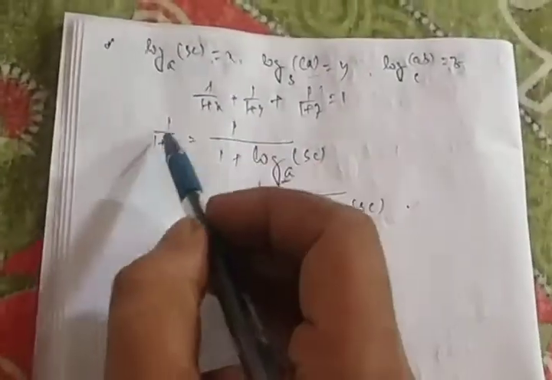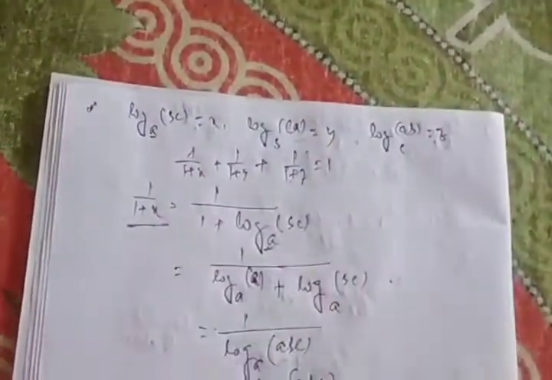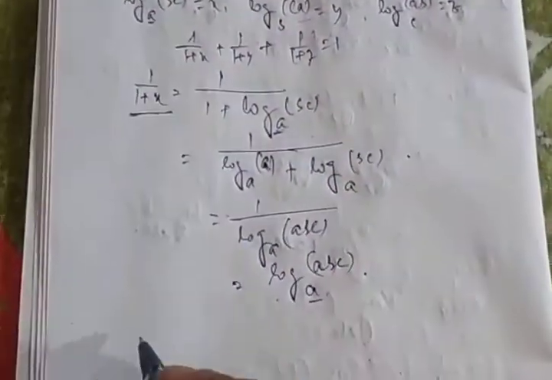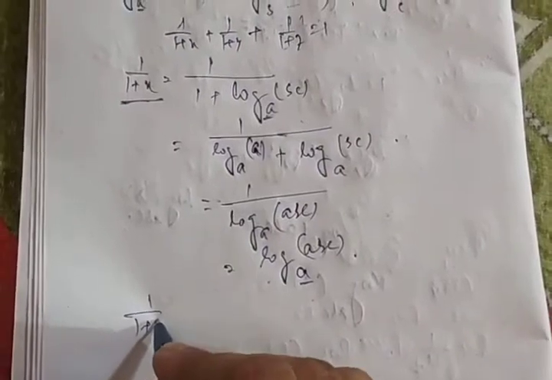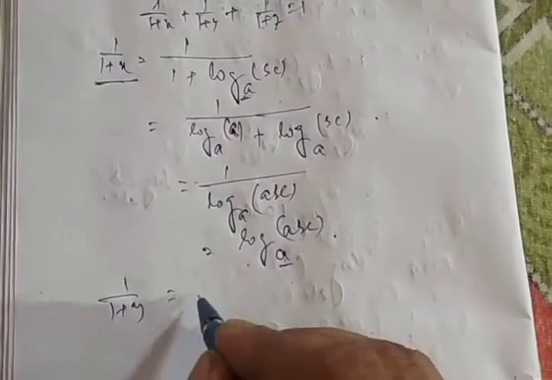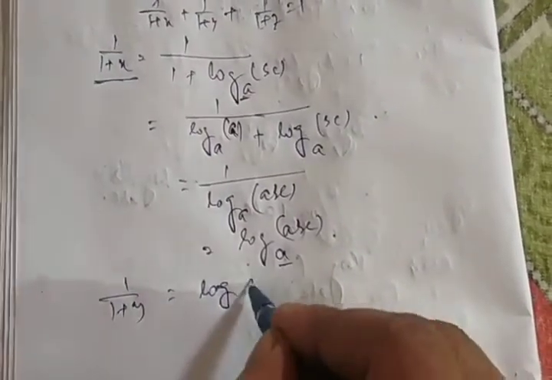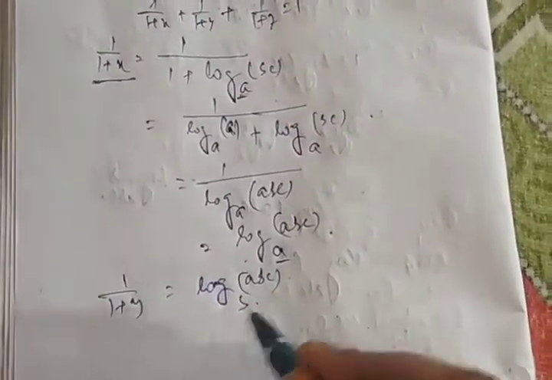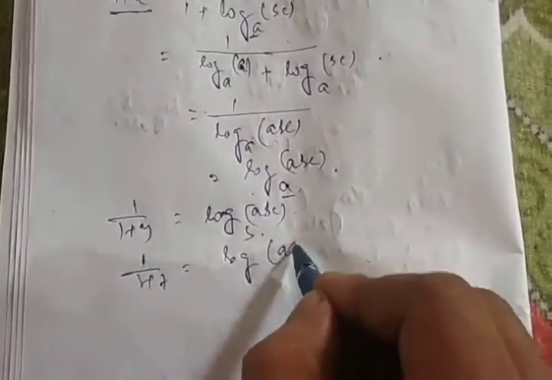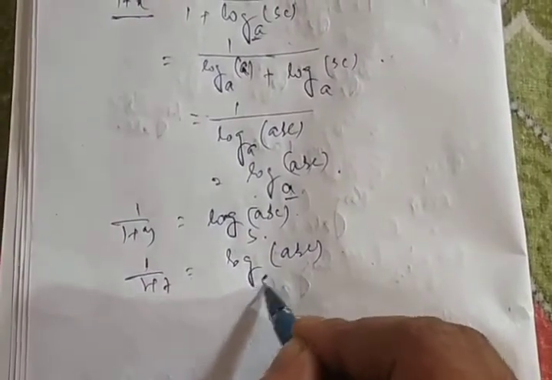So this term gives log of abc with respect to base a. Here the base is only a, and abc is the value for all the terms. Similarly, the second term, after simplifying, gives log of abc with respect to base b, and 1 by 1 plus z equals log of abc with respect to base c.